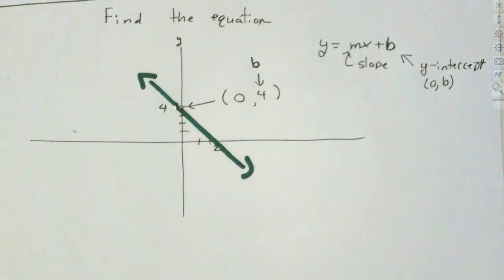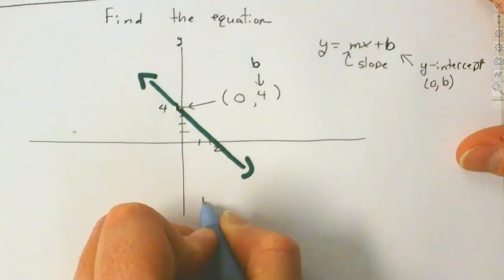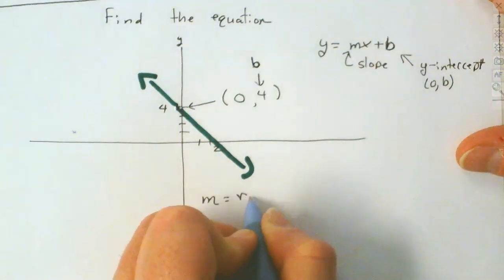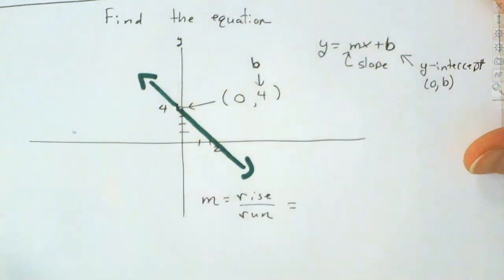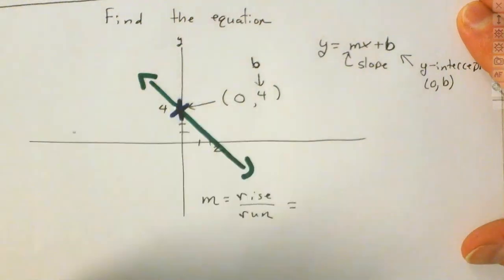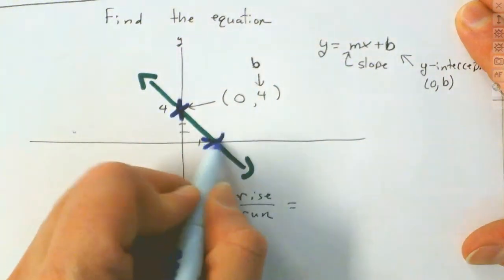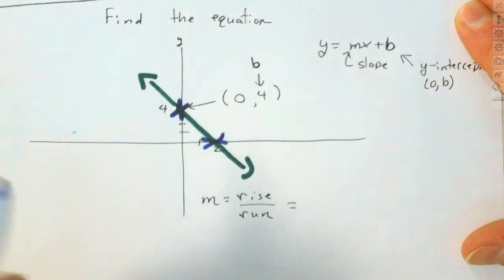Now we still have to find the slope. Okay, so how do we find the slope? Well, the slope is defined as rise over what? Run. Sure, yep. Okay, so let me go ahead and mark these. We're going to go from one point from this x to the other x. Okay, how do I do that?